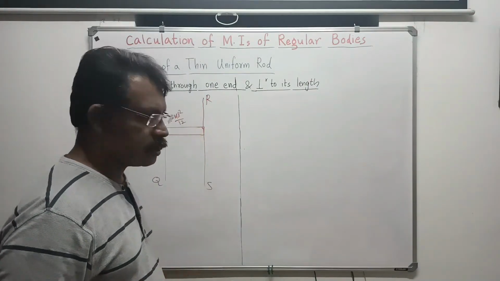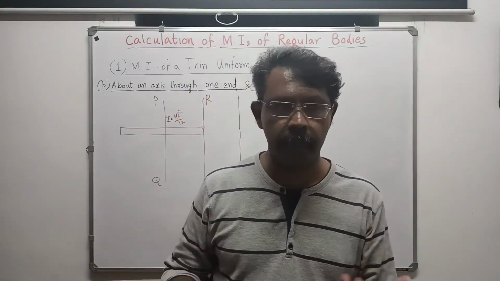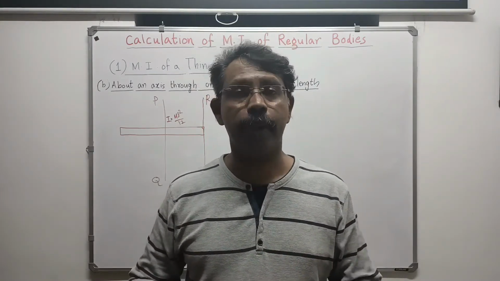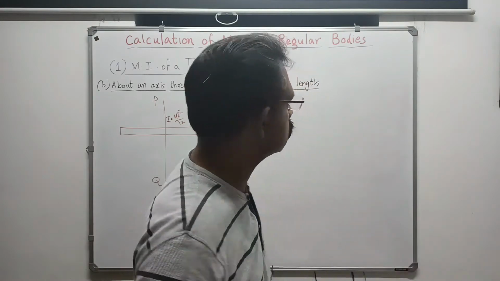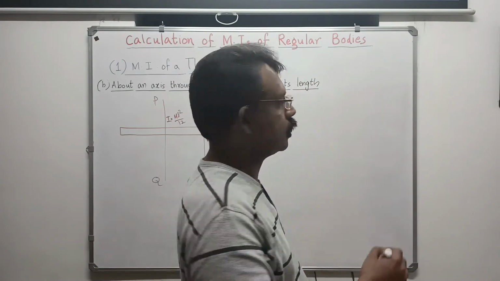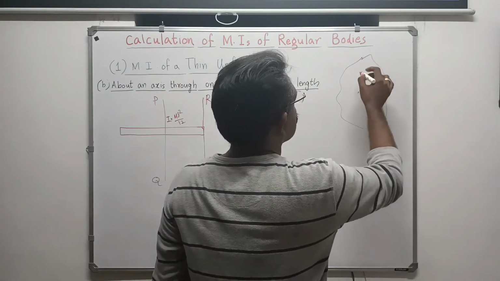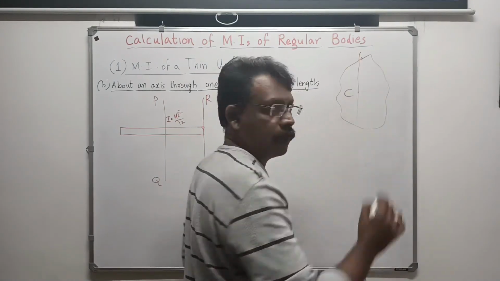Now about this axis RS which is passing through the end, that can be found out using the principle of parallel axis. What is the principle of parallel axis? Just to recollect what we have studied, I will write here. I have a body, I have an axis passing through the center of mass.